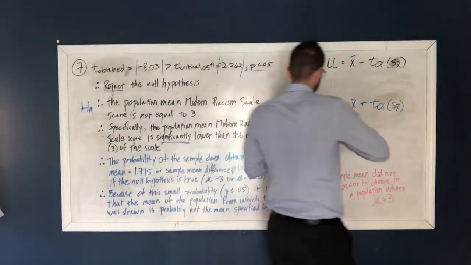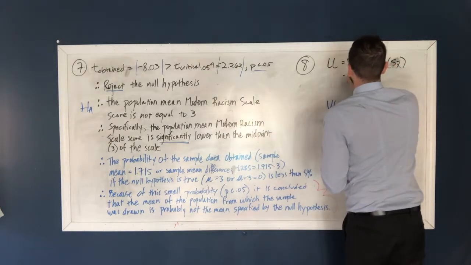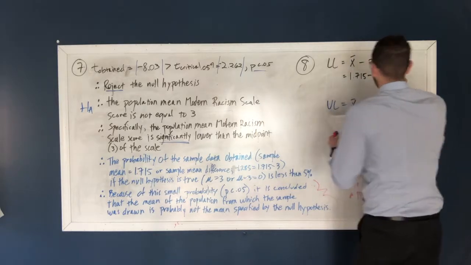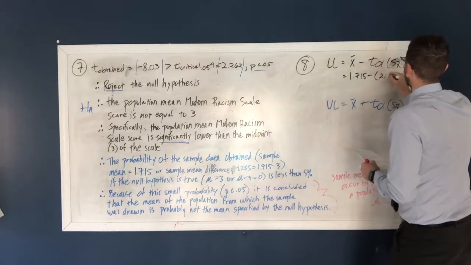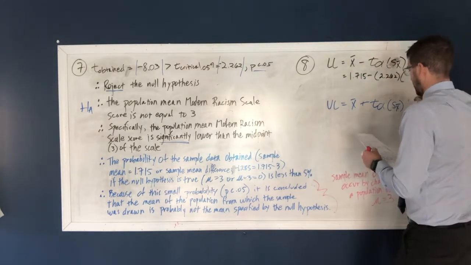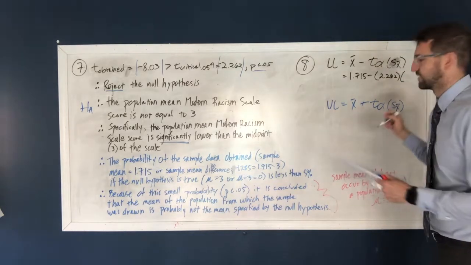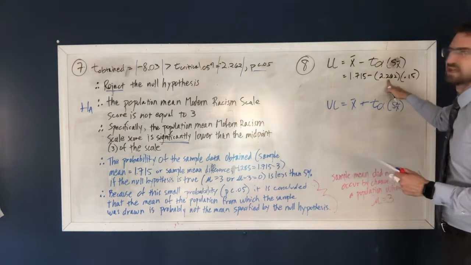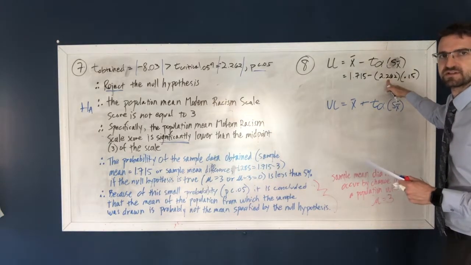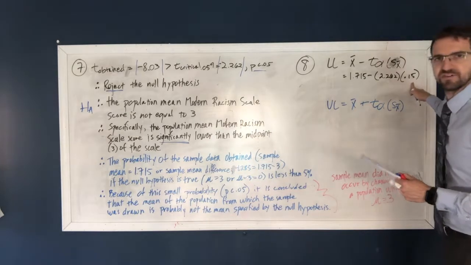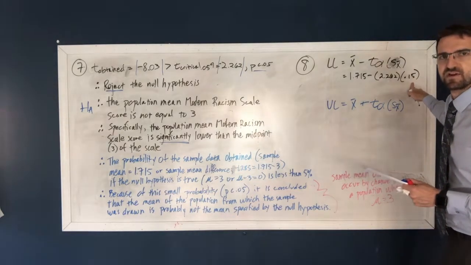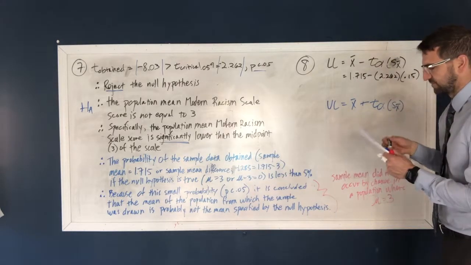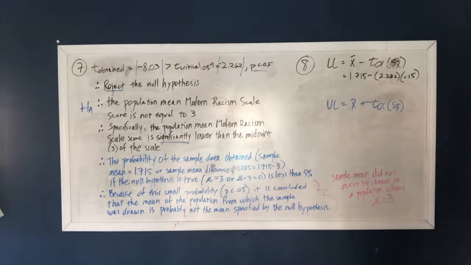Okay, so what's our sample mean? Our sample mean is going to be 1.715. Our T alpha was 2.262, and our standard error of the mean is going to be 0.15. So T alpha is our critical, so that came from us looking up our critical value. The 0.15 was the standard error that we found when we were calculating T obtained, and of course that's just our sample mean.